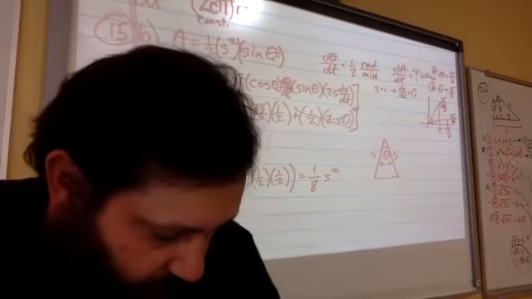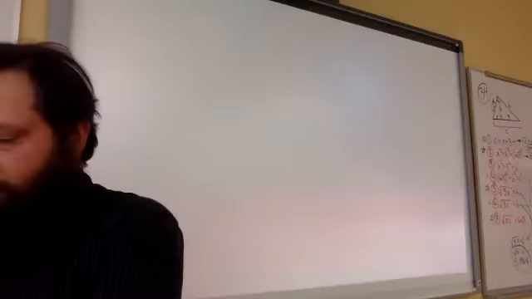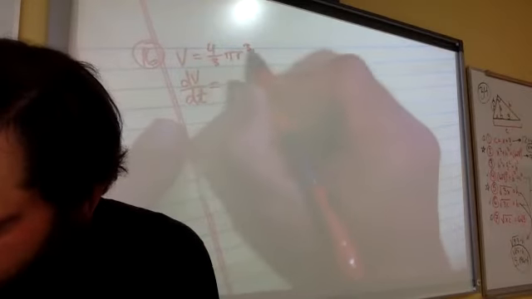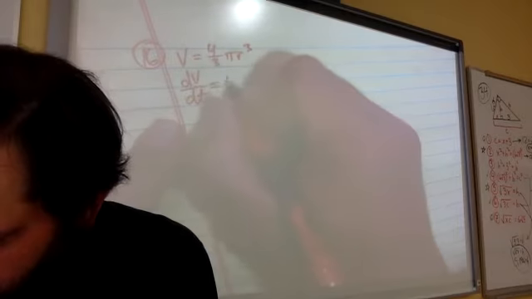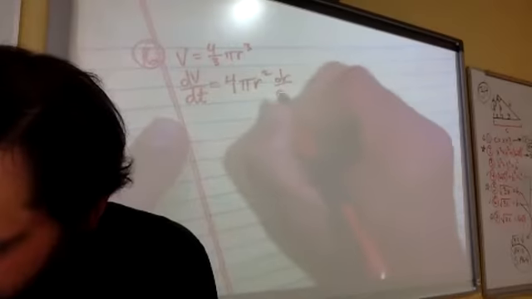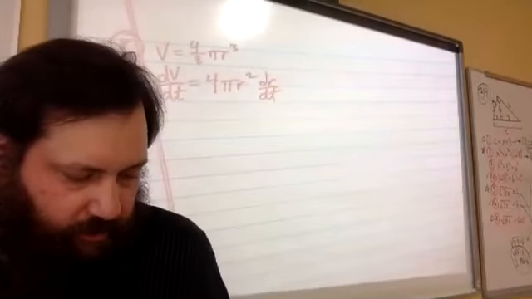Okay. 16, the volume, radius of a sphere. So volume is 4/3 pi r cubed. I know I'm probably going to need dV/dt, so let's just do it. 4/3 pi r cubed. Cubed makes this a 4 pi r squared dr/dt. Might as well just knock it out.